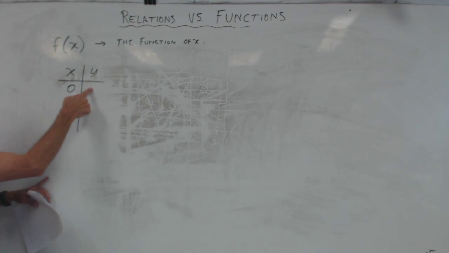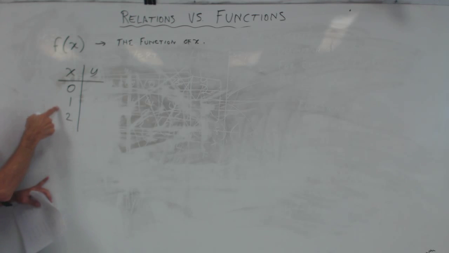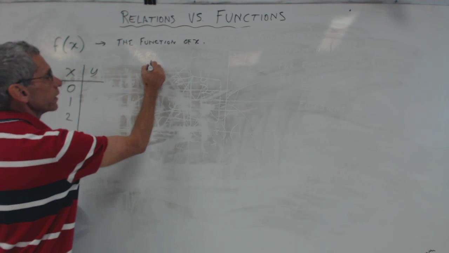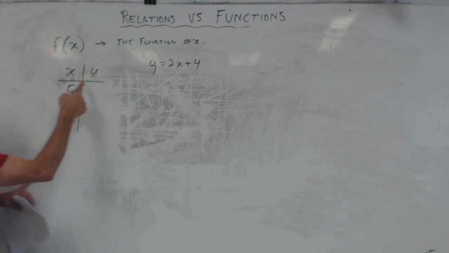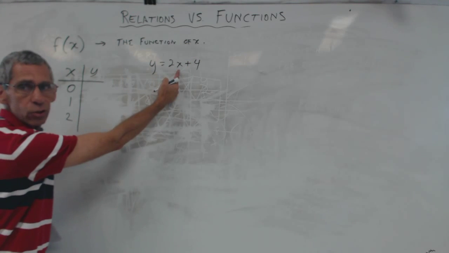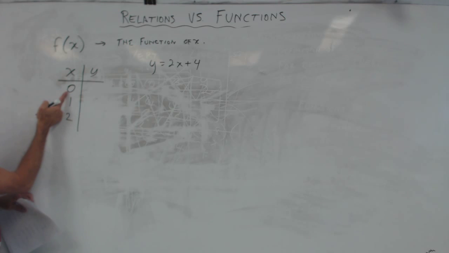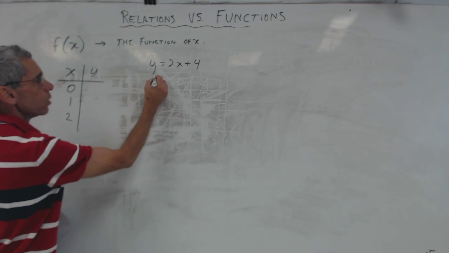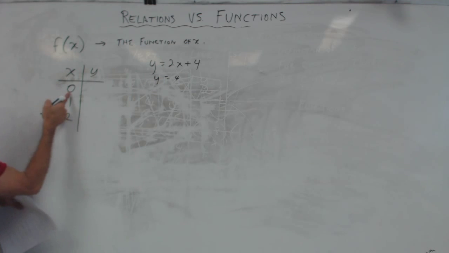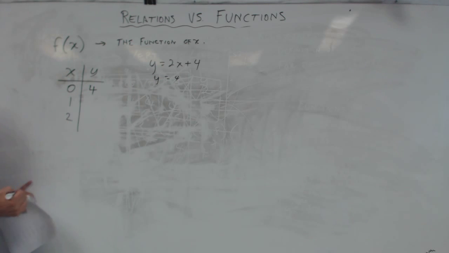I can choose anything I want. Y is dependent on what I choose for x, right? So in an example like this, y equals 2x plus 4, well, y depends on what I chose for x. I chose for x 0 in this case. So 2 times 0 is 0 plus 4. Y would equal 4 when x is 0. So I put that there. Y is dependent on x, right?